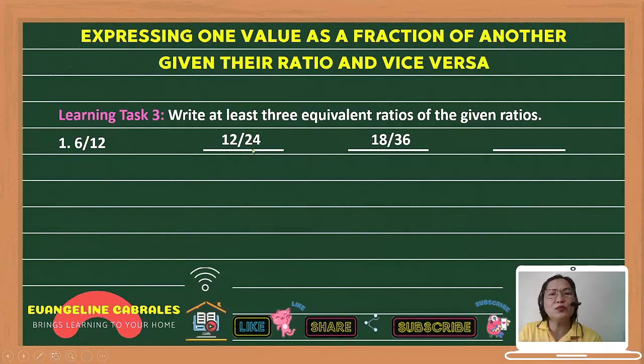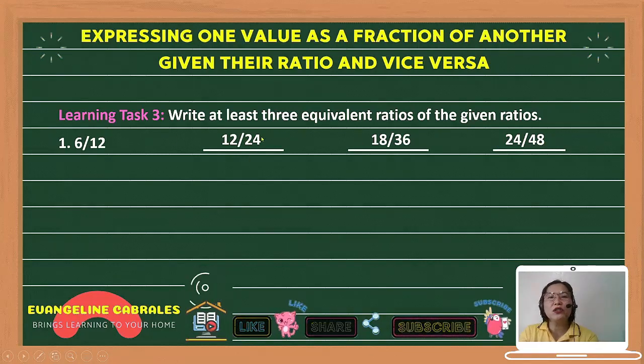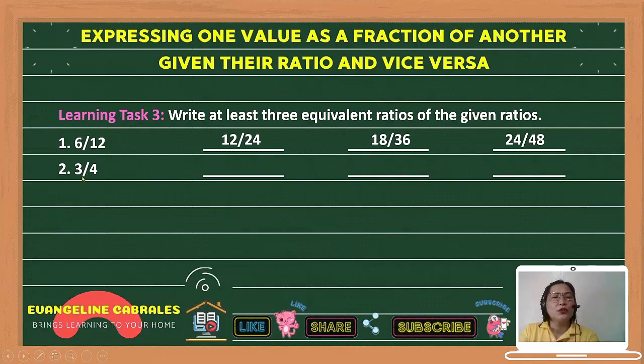Tama. So, 12, 24, 36. And then, what's next? 6, 12, 18. The next is 24. Then, 12, 24, 36. That is 48. Okay? So, itong mga ratios na ito, all of these are equivalent ratios of 6 is to 12.